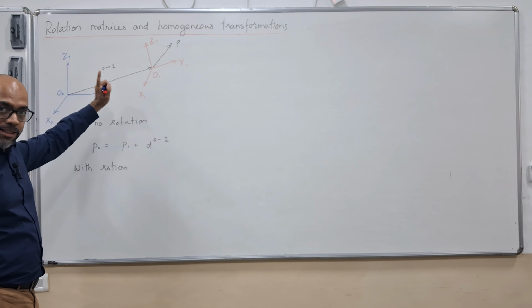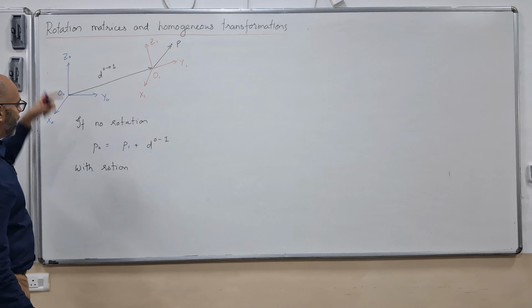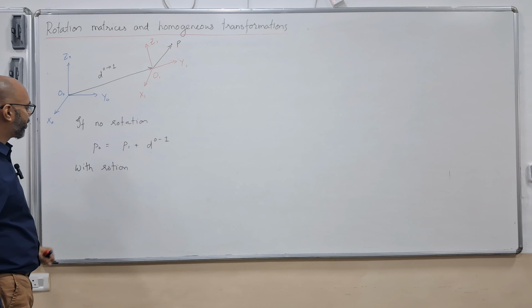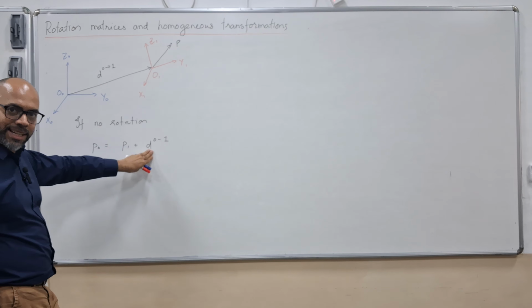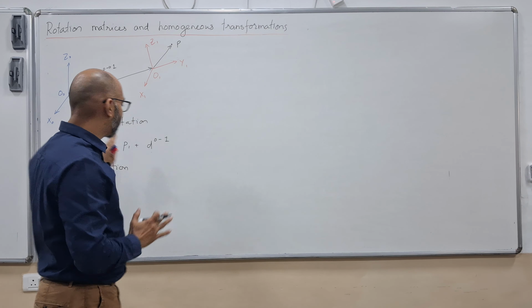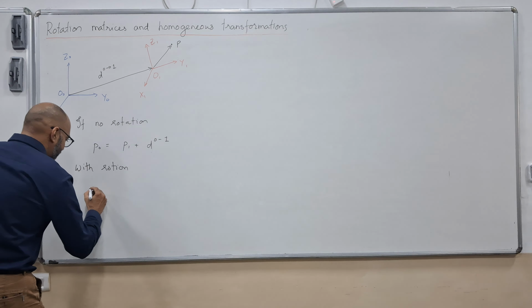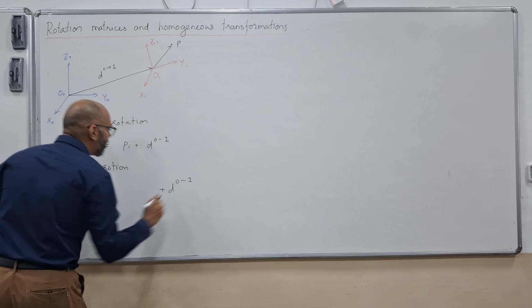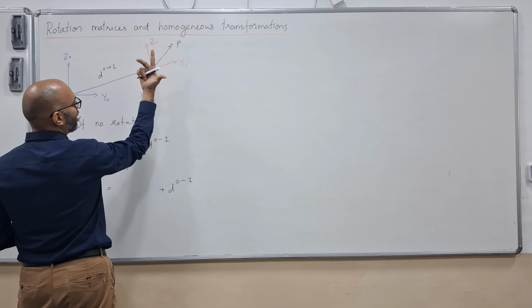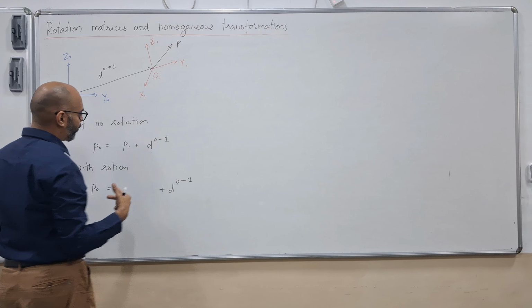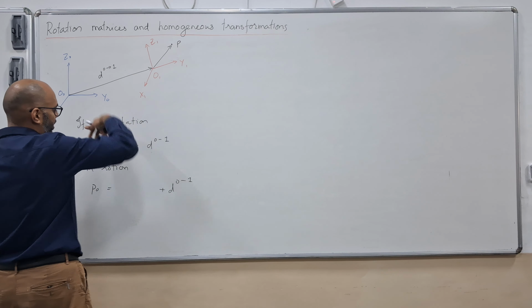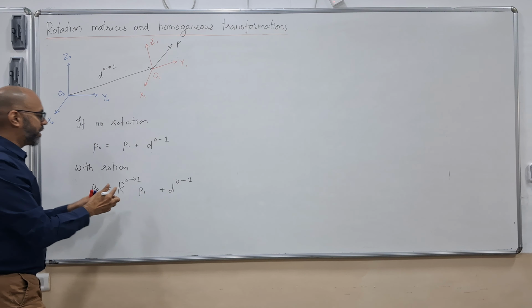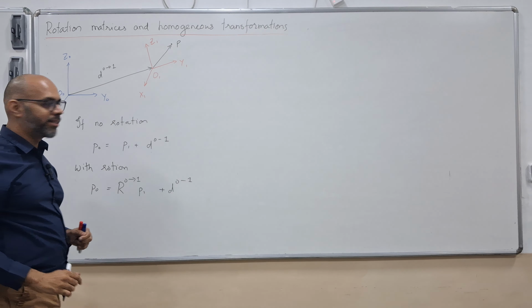With rotation, assuming, now this is an important assumption, assuming that D0 to 1 is a vector that is still expressed in terms of the components of the 0 frame. So I don't need to worry about changing the components in any way. This is already in terms of the components in the 0 frame. Then I would simply get D01 will still remain as it is, but P1, since it's now components in a rotated set of unit vectors, I will need to do the rotation matrix multiplication here to get it in terms of these components, right?